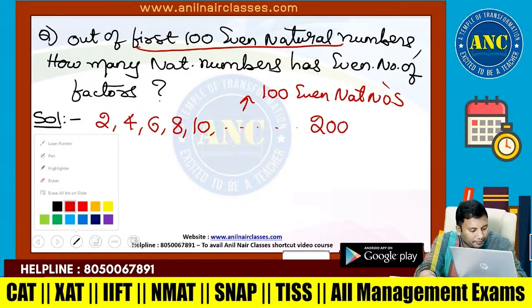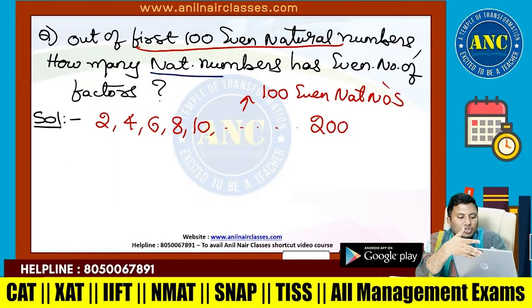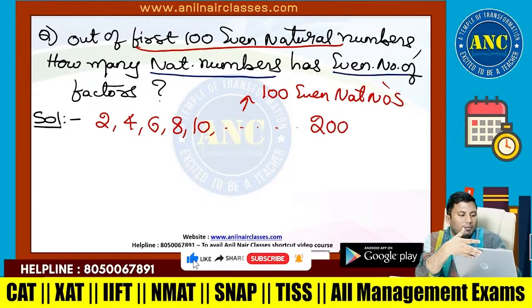Now see here. How many natural numbers have an even number of factors?